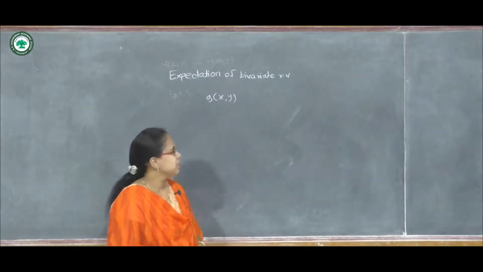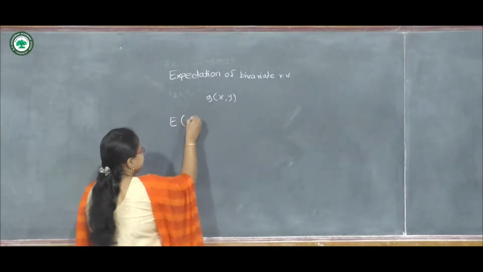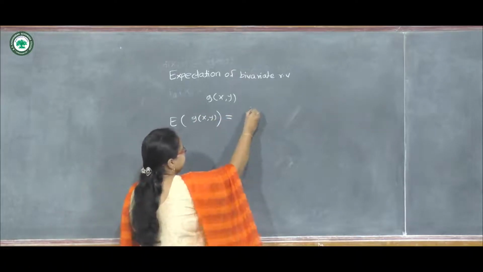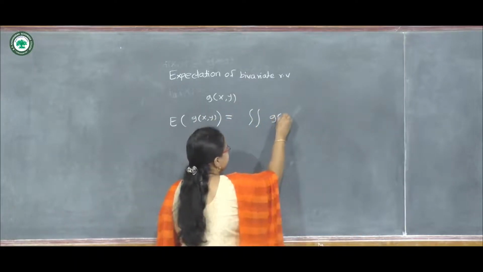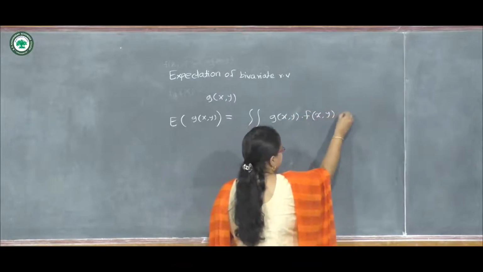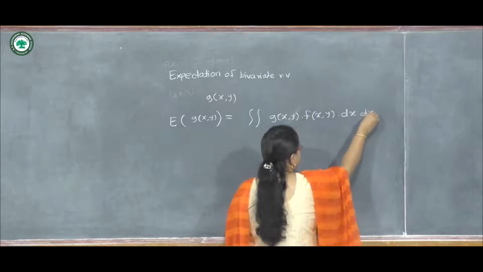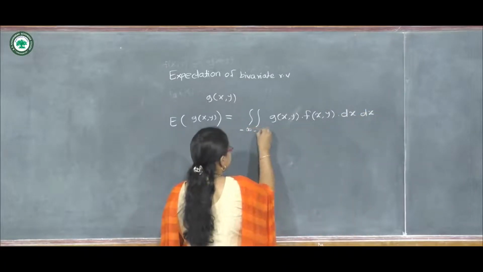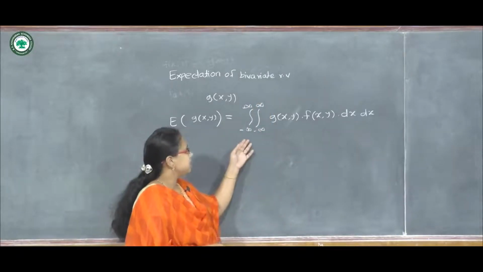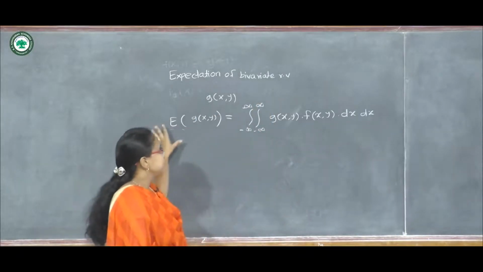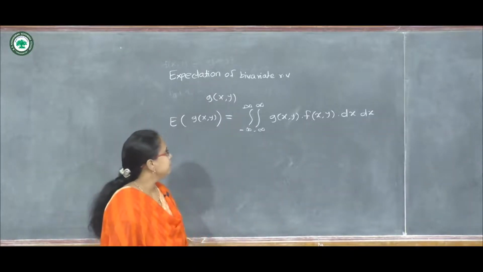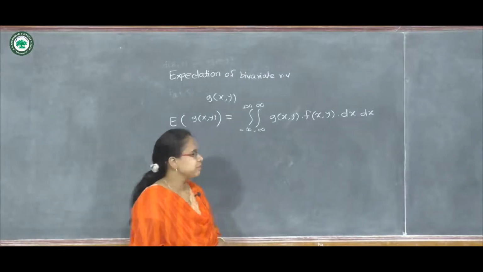Then its expectation is calculated as the double integration of g(x, y) times the PDF f(x, y) dx dy, over the range of x and y. In this way we can calculate the expectation of any function of a bivariate random variable.